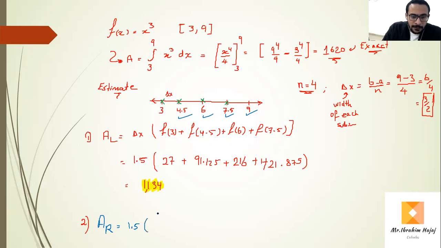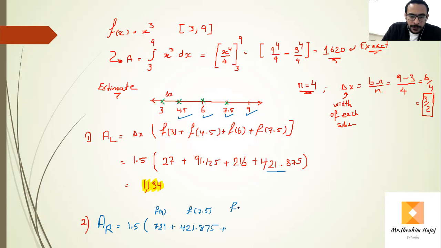Open parentheses: f of 9, meaning 9 to the power of 3, which is 729. Plus f of 7.5, which is 421.875.